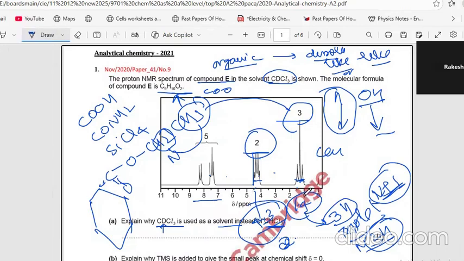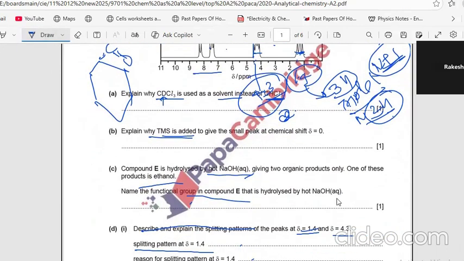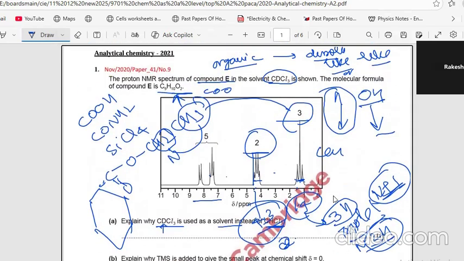Then he says it is hydrolyzed, and we notice there are two C–O groups here. Chances are it is an ester, because only an ester is hydrolyzed in your course. If an ester is hydrolyzed, it breaks down with water: one alcohol and one acid will be formed.